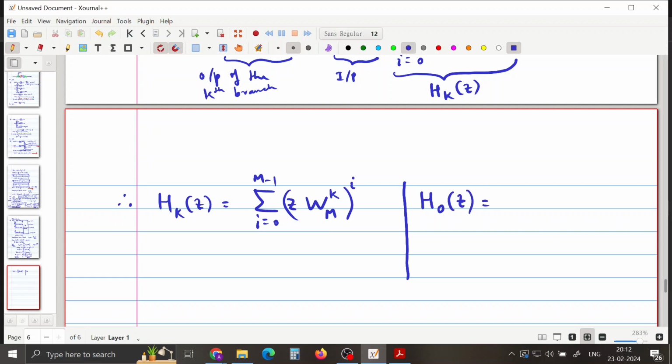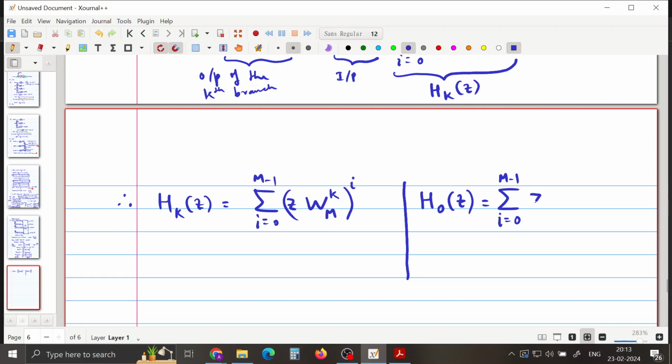On the RHS, z times Wm to the power k, for k equals 0, becomes Wm to the power 0, which is nothing but 1.